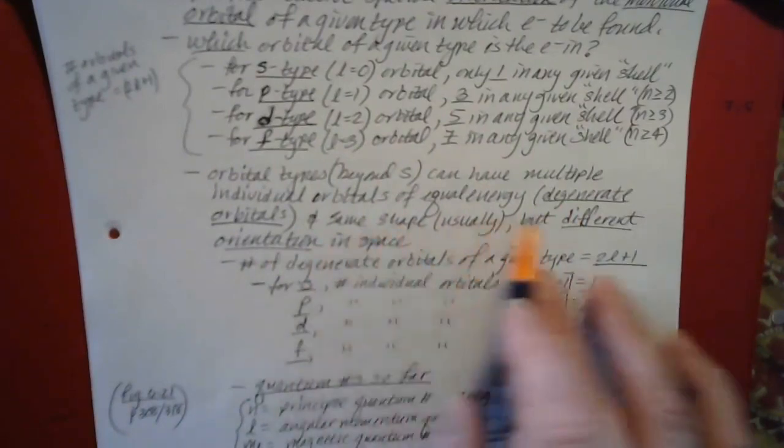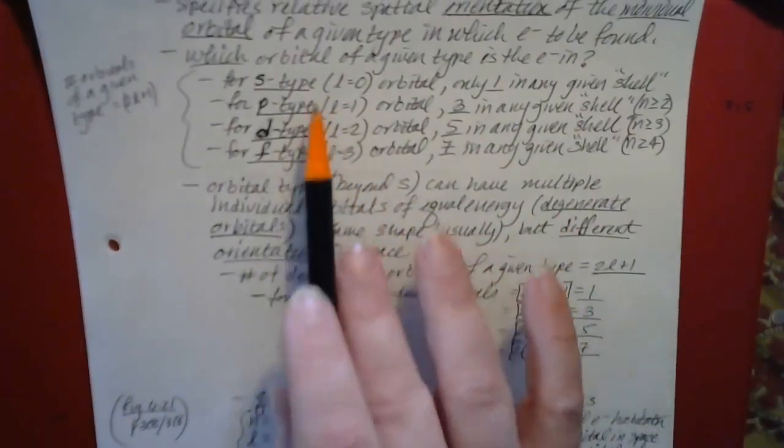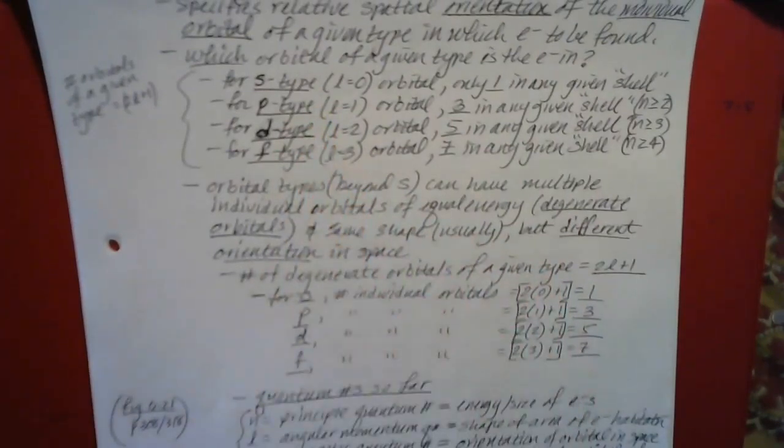Okay. The types of orbitals where there's more than one example of that type of orbital in each principal energy level, those orbitals will be degenerate. So like we saw in figure 6.21, px, py, and pz, they are degenerate, meaning simply that the energies of the electrons in those 3 orientations are the same as each other.